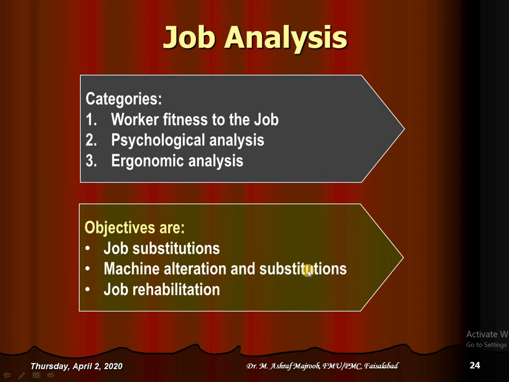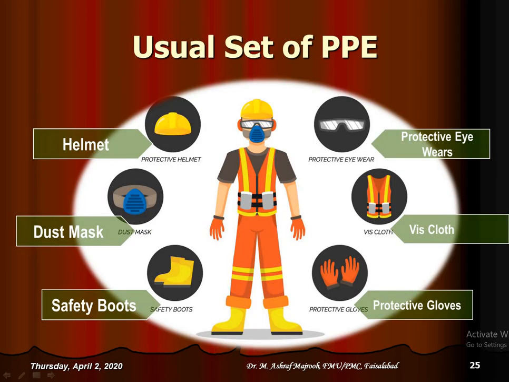Especially this is for disabled persons. They have to develop special workstations through job analysis. Job rehabilitation is when the psychological analysis and job analysis are done, then the job rehabilitation is done. So this is a very important intervention in health surveillance.